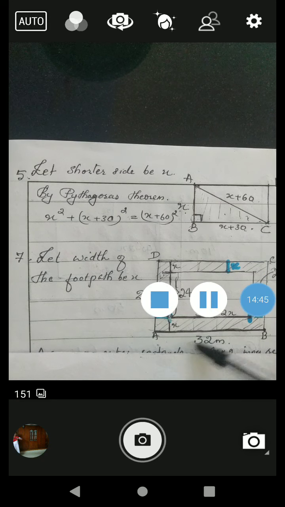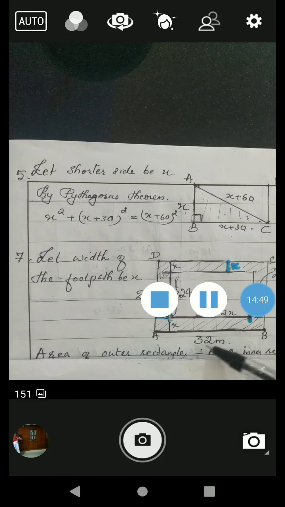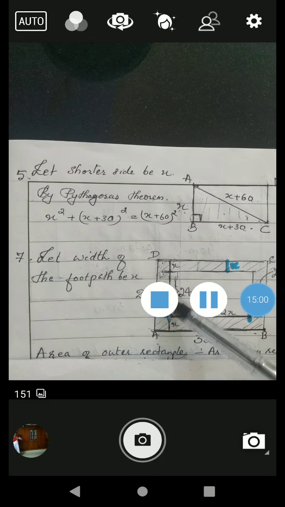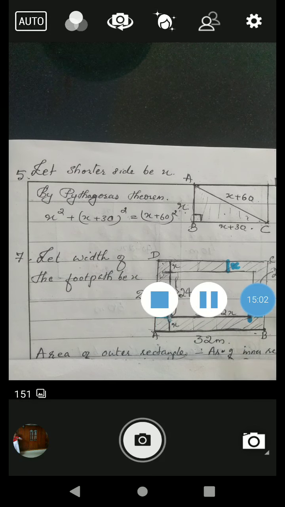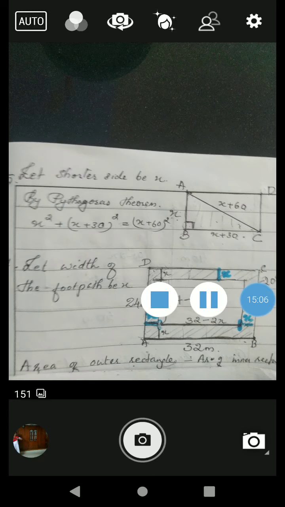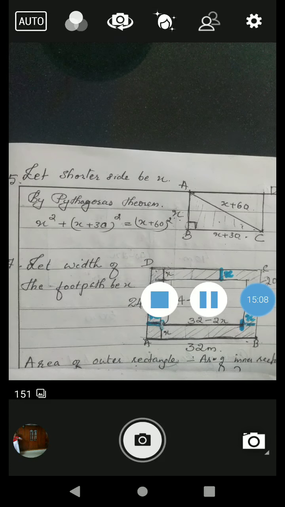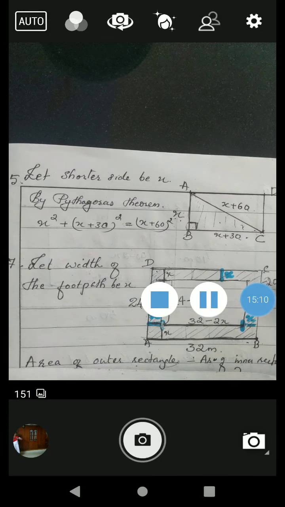The length and breadth of this rectangular field are already given, that is 32 meter and 24 meter. We can mark them there. And the area of this shaded portion is 208 meter square. How can we connect all these things?